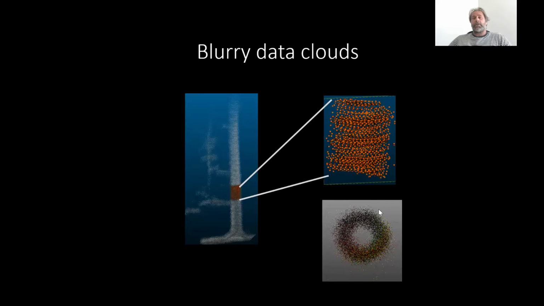You have a donut shape, and if you want to evaluate the diameter of this tree, you don't know if you should measure it from here to here or from here to here. That blurriness comes from the SLAM process I just explained. It's not that the SLAM process is not good, it's just not perfect, so it does not place all the points completely precisely.